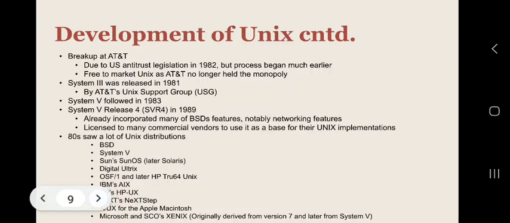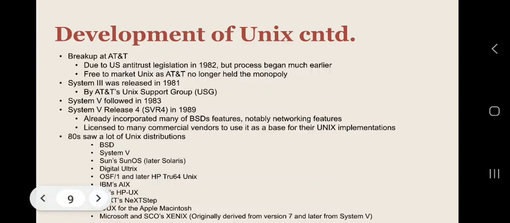And then some time during the 1980s, there were breakups at AT&T, some organizational restructuring, and it was due to US antitrust legislation in 1982. But the process began much earlier than that, and that allowed AT&T to market Unix, because they no longer held the monopoly that was keeping them from selling the Unix operating system.